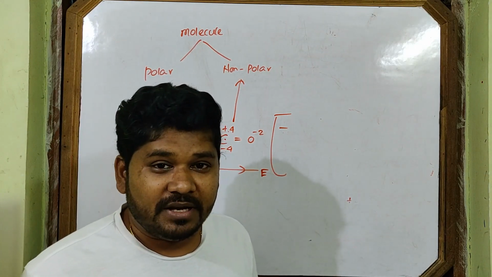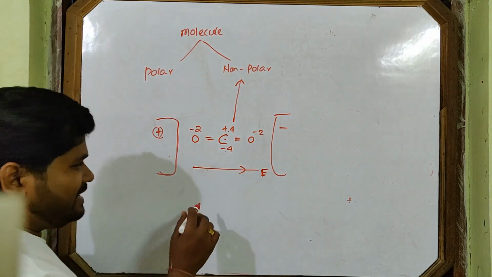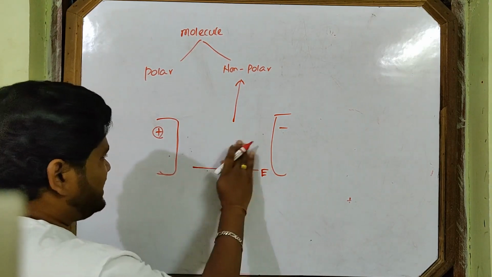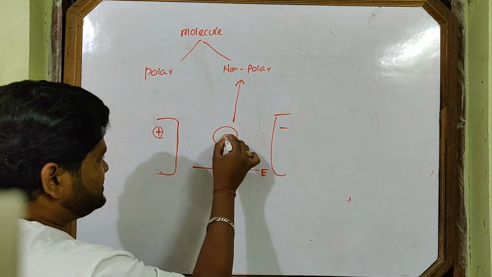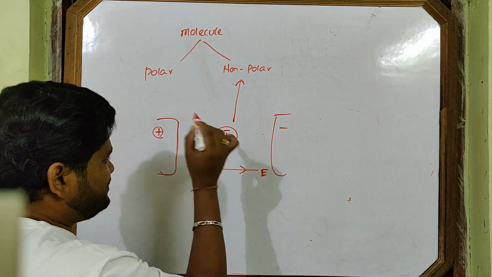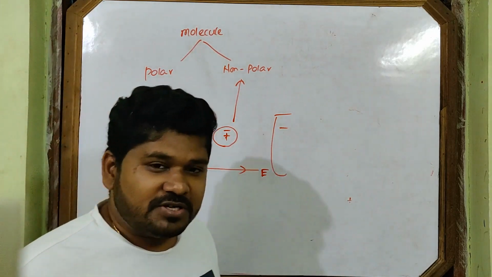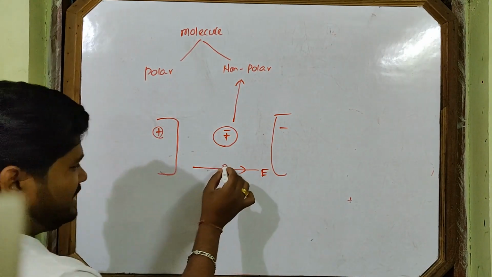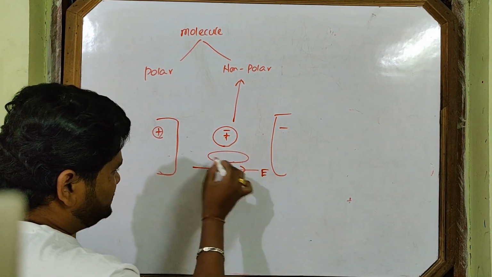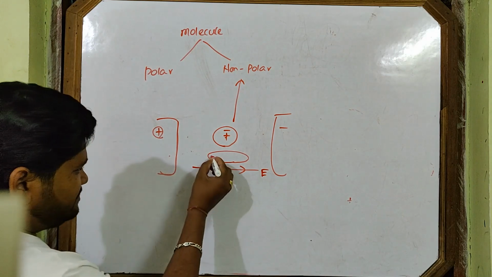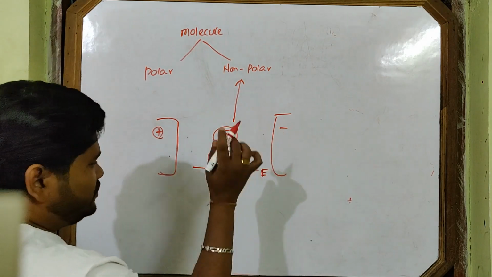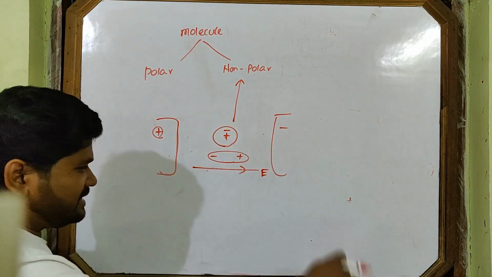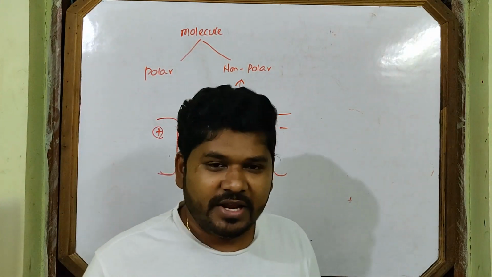Now what will happen? From the start in carbon dioxide, plus and minus both lie at the same point. But when this field is applied, the minus is attracted towards the positive plate and the plus is attracted towards the negative plate.